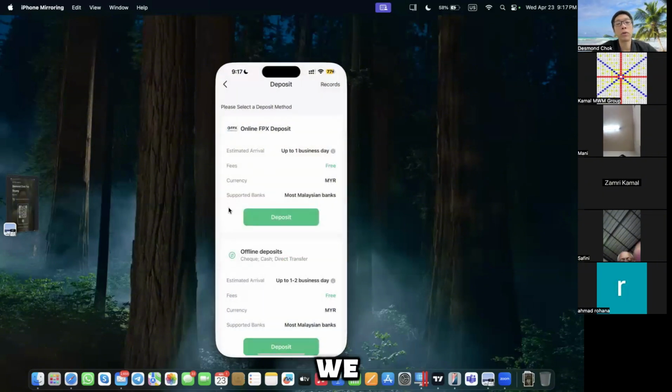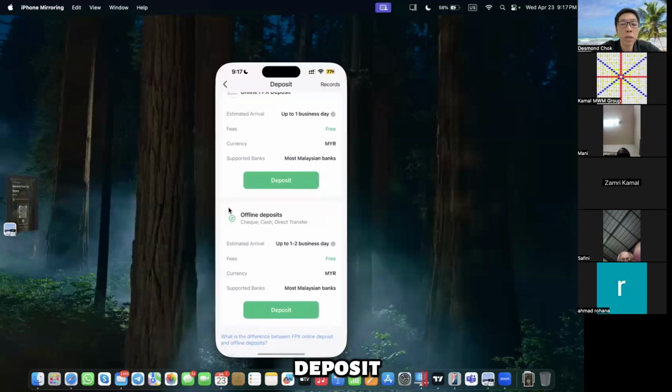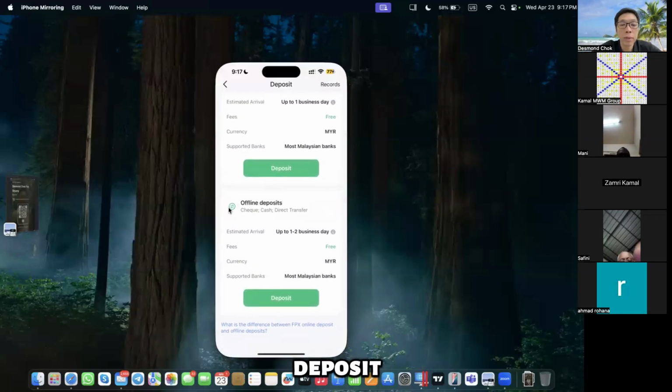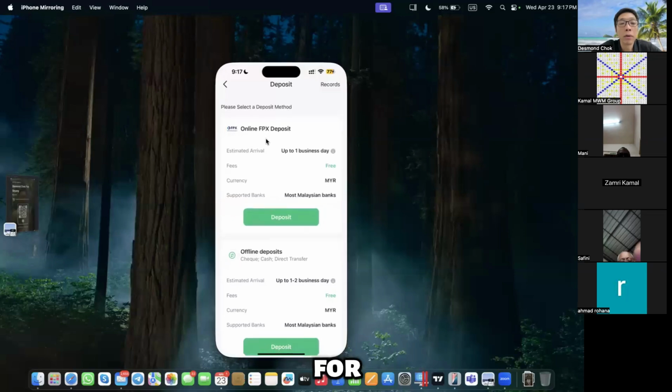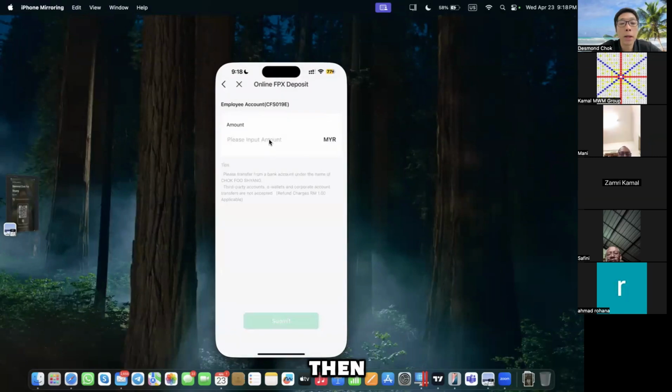Okay, so for deposit we have two types. One is FPX deposit, one is offline deposit. Okay. For online deposit, the minimum deposit is 1,000. Okay. Then it says up to one business day. Actually, when you use FPX deposit, it will be immediately updated in your trading limit. So how to use that? You can just press deposit. Then enter, it is already mentioned here.